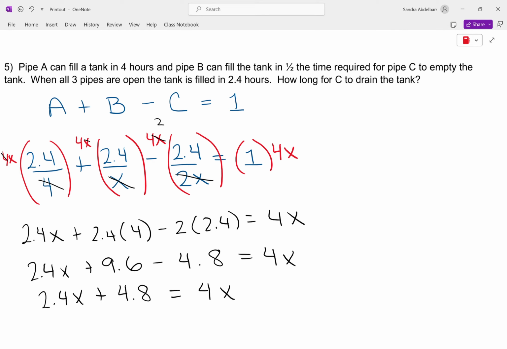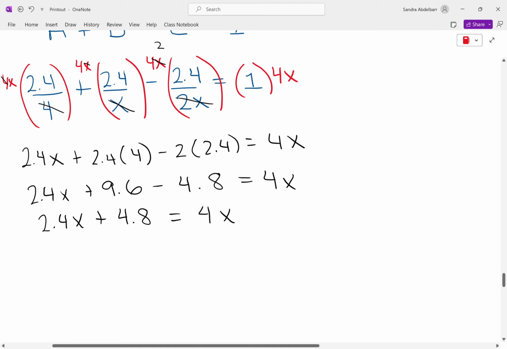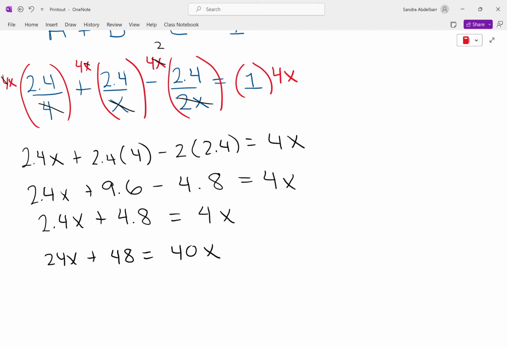Combine our like terms, 2.4x plus 4.8 equals 4x. Can we multiply both sides by 10 if we wanted to? Yeah, you can. 24x plus 48 equals 40x. So we subtract the 24x, so we're going to get 48 equals 16x, so x will equal 3.